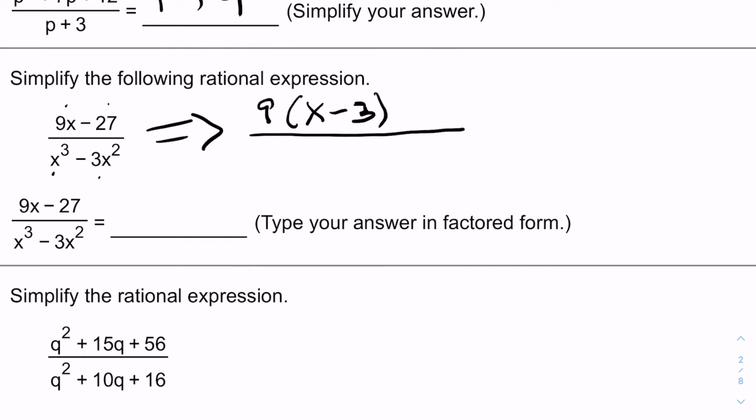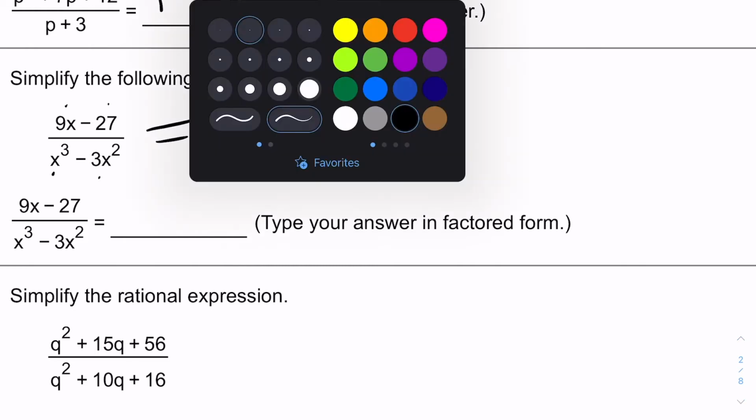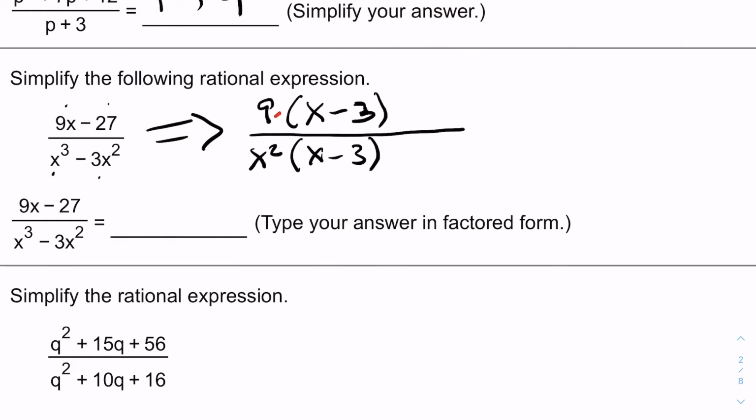I see a common factor of x squared, which leaves me with x minus 3. X minus 3 is a factor, right? This is being multiplied. So that whole factor reduces, leaving me with a final answer of 9 over x squared. Next problem, number 7.